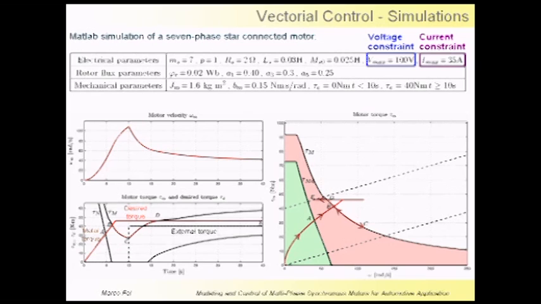The white zone is forbidden because it doesn't satisfy the current and voltage constraints. And the red one represents the zone where a convex combination is used. Note that between point B and point D, the motor torque is saturated in order to satisfy the constraint.